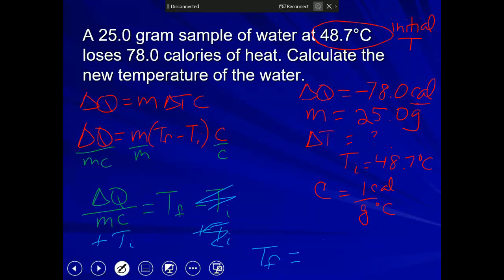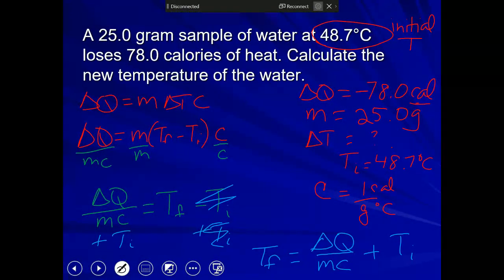T final is going to be equal to delta Q divided by MC, and then we're going to add to that the initial temperature. So we've really used our algebra, haven't we? Because we're trying to find this. So we divided both sides by M and C, and then we added the initial to both sides.